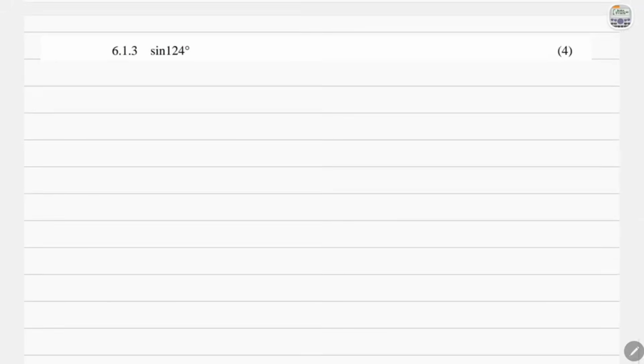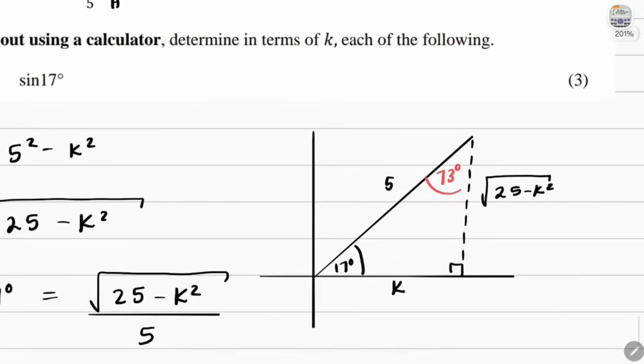Question 6.1.3. For 4 marks, we have to determine the value of sine 124 degrees. Okay, 124 degrees, how does this relate to 17 degrees or 73 degrees? Let's try 17 degrees, just because 7 plus 7 is 14, so that 4.